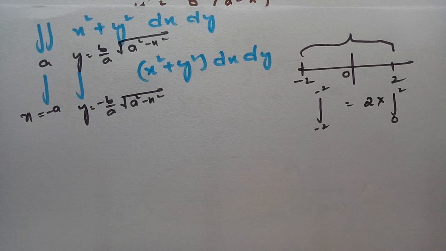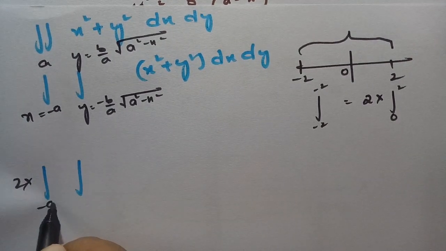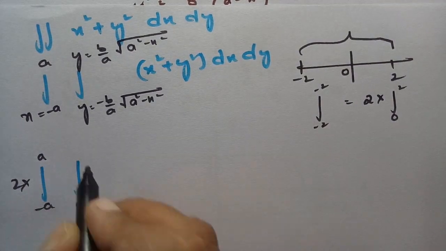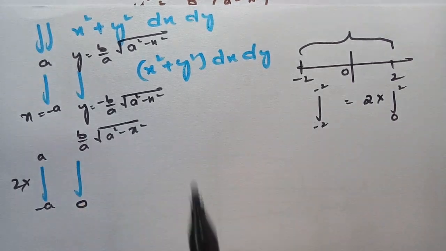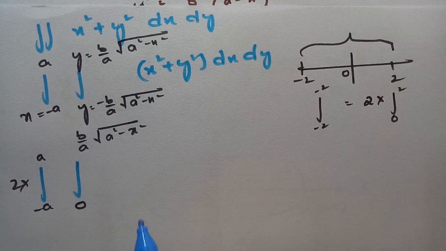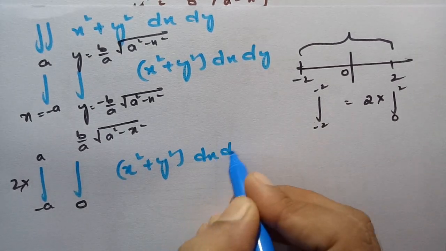So that is what I want to do here, that is 2 times the integral, where x is minus a to plus a, and y is 0 to b by a root over a square minus x square, of x square plus y square dx dy.